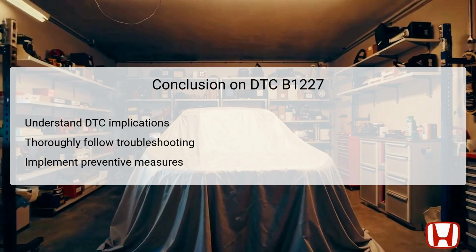It is imperative to diagnose any issues with the outside air temperature sensor and the climate control unit correctly, as improper operation affects overall vehicle comfort. Implementing preventive measures can significantly decrease the likelihood of DTCs reappearing, enhancing both the driver's experience and the vehicle's reliability. Keeping this knowledge in mind can go a long way toward maintaining optimal performance and functionality.